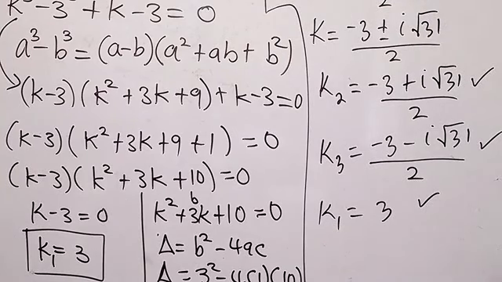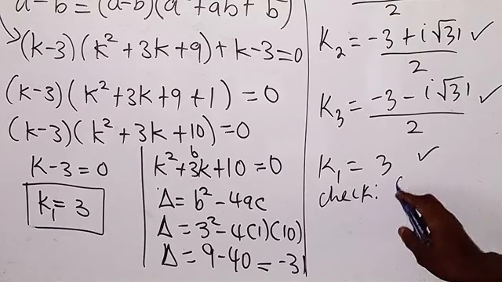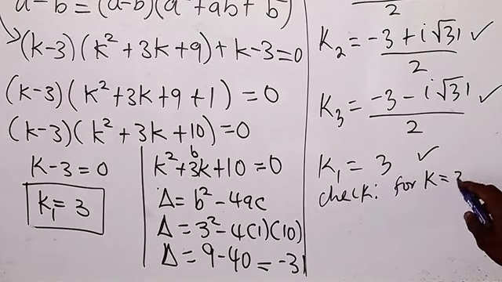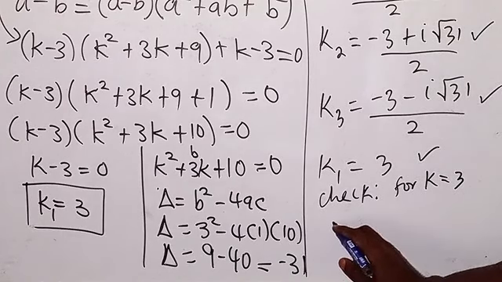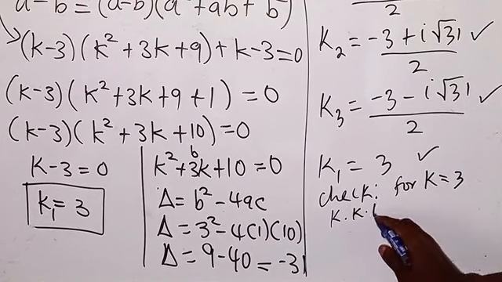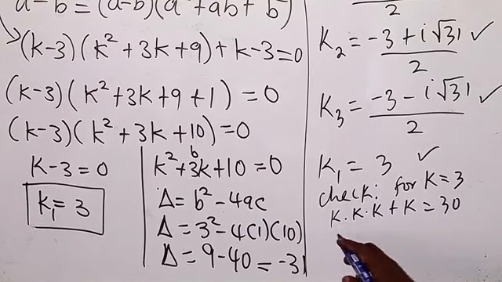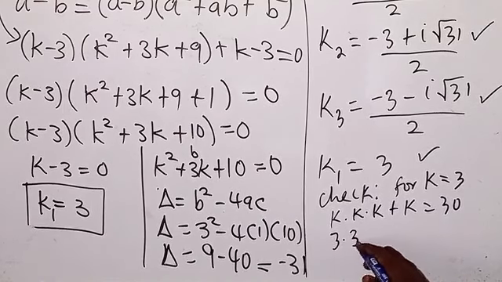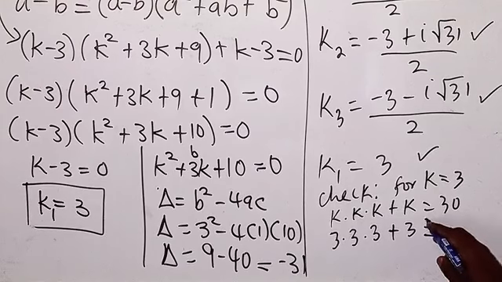Now let's check just this one, because of time. Check for when k equals 3, which is the real one. From the question given up there, we have k times k times k plus k equals 30. If I put 3 here, 3 times 3 times 3 plus 3, is this going to give us 30?